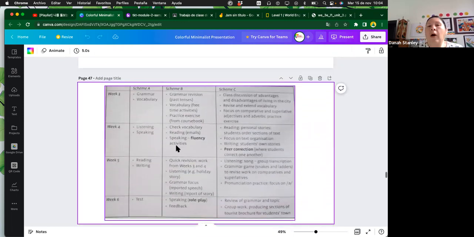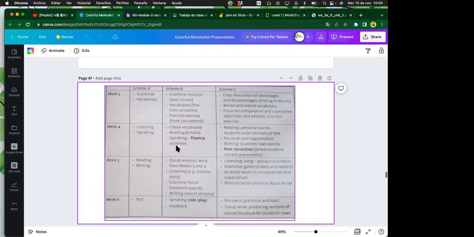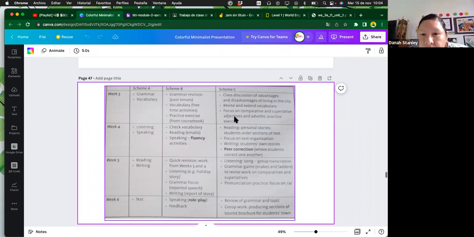Before this, what do you think the students saw in the previous session or in the previous unit? Maybe comparatives and superlatives. Exactly, because in here, pues ya es como un practice, ¿no? Okay, comparatives and superlatives.